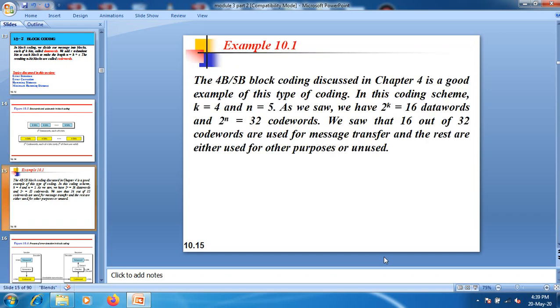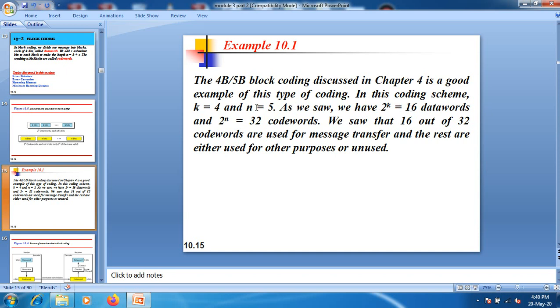This is the same example we have gone through. When it comes to the 4B/5B block coding mechanism, that is a good example of this type of coding. In this coding scheme, the k value is 4 and the n value is 5. That is, with k equal to 4, we are able to generate around 16 different data words.